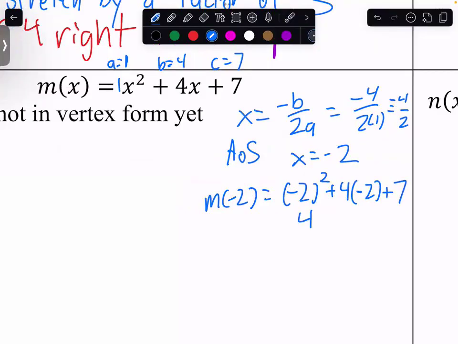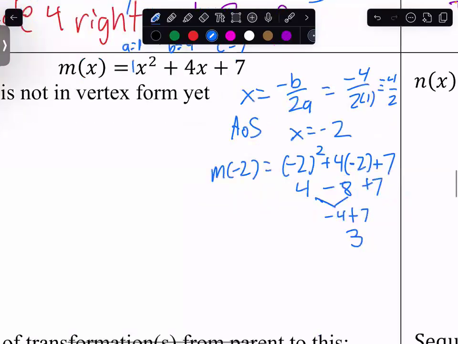Negative 2 times negative 2 is positive 4. Positive 4 times negative 2 is negative 8. Add and subtract from left to right. 4 minus 8 is negative 4, plus 7 is 3. Okay, so that means the vertex is negative 2 comma 3.